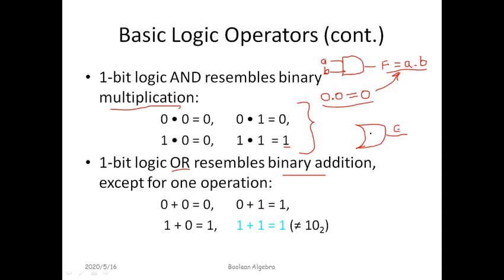So we have the G there. Then A, B. So when we look at this symbol, let's remember two switches connected in parallel and controlling a lamp.